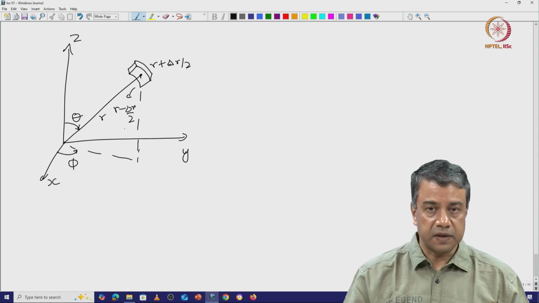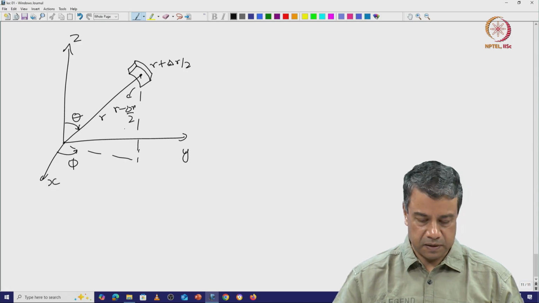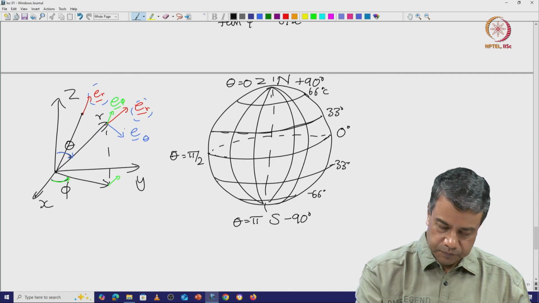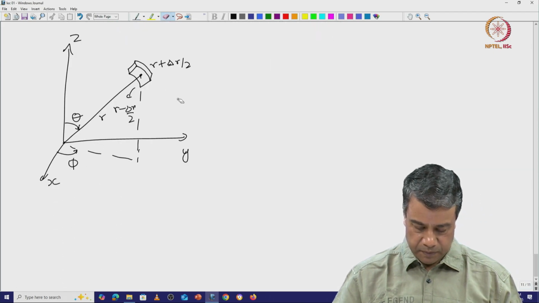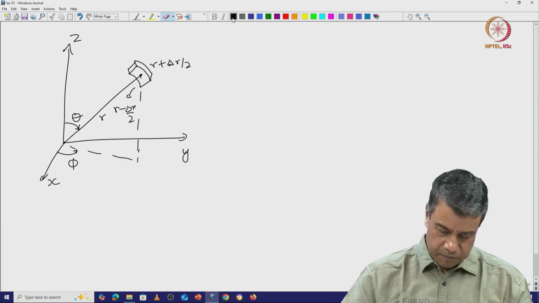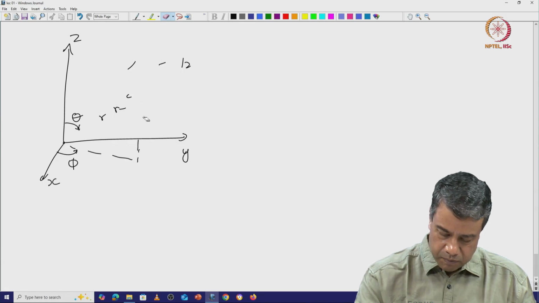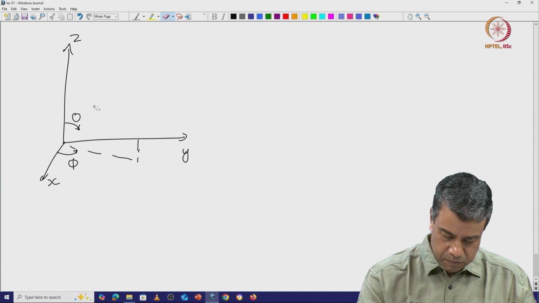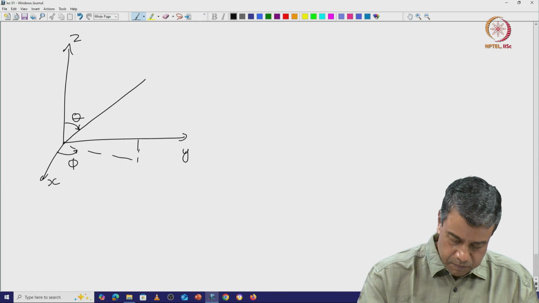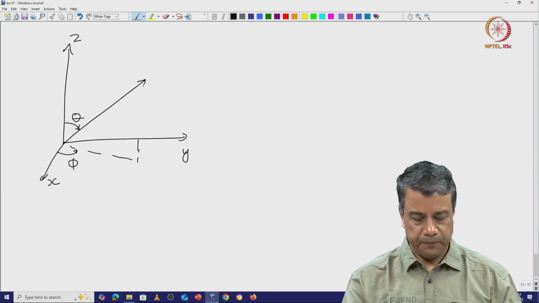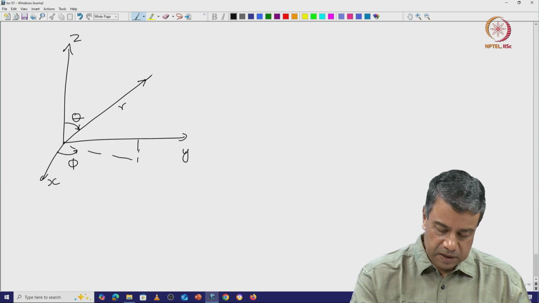So, for that we first have to determine what is the surface area of an elementary arc in each of these directions. So, let us go through that first. This is the radial coordinate.